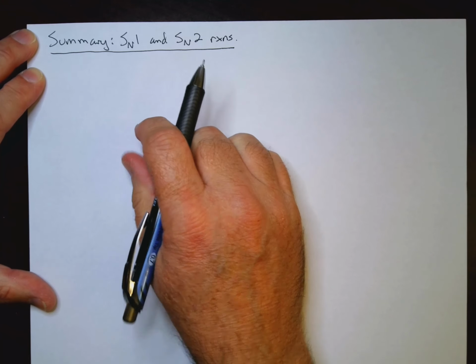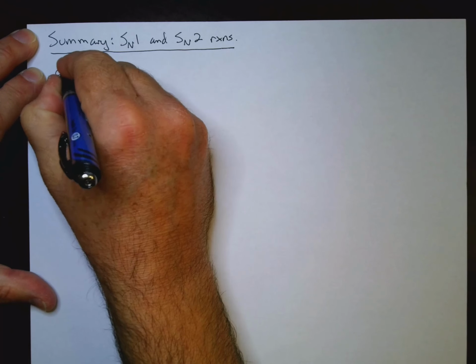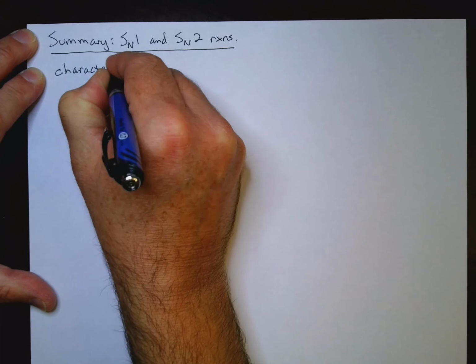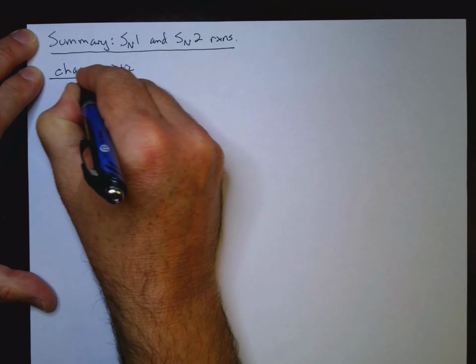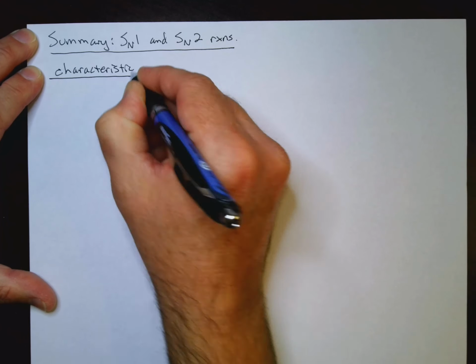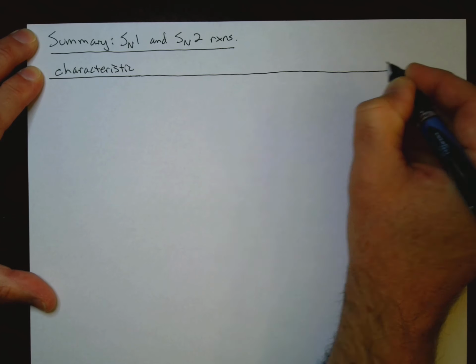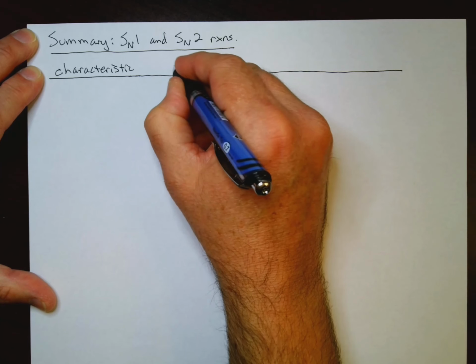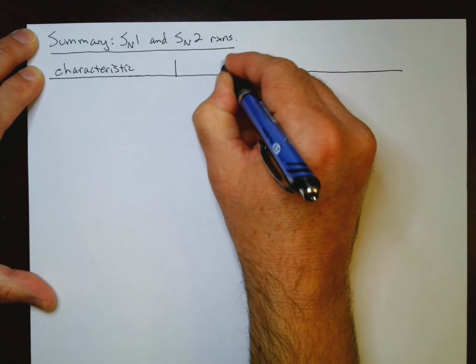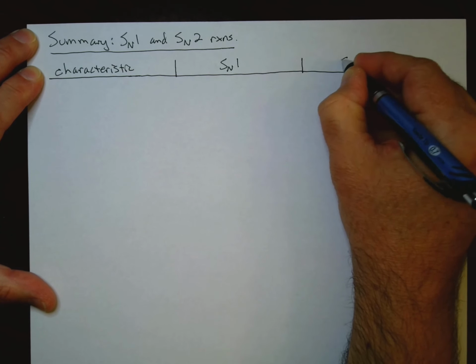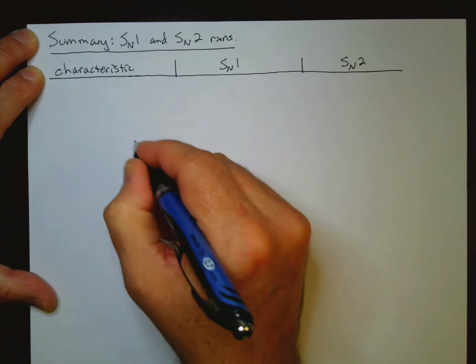That looks good. So we'll look at whatever characteristic we're looking at, and make this a nice big one here. And then we'll have SN1, and we'll have SN2.